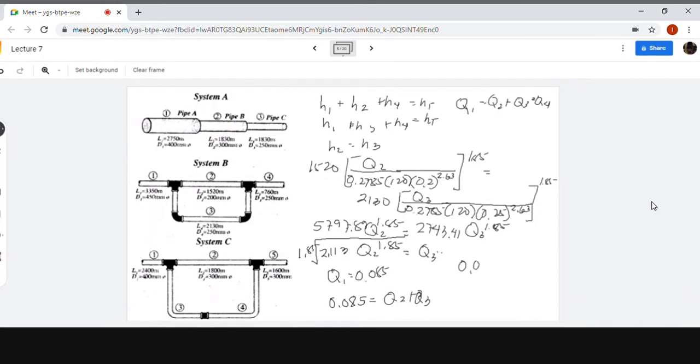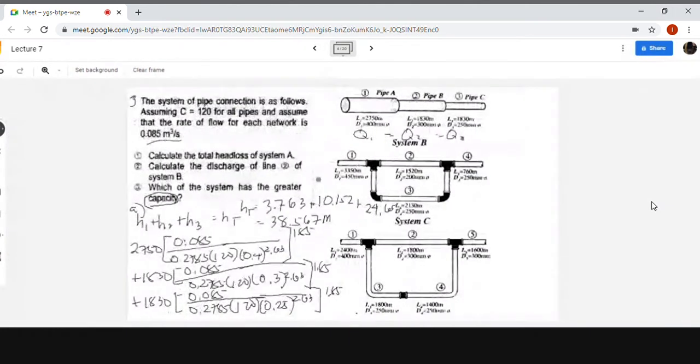So 0.085 equals Q2 plus, simplifying, 1.5 Q2. So that means that Q2 is equal to 0.085 divided by 2.5, so that is 0.034.